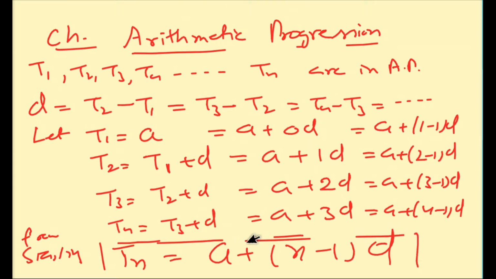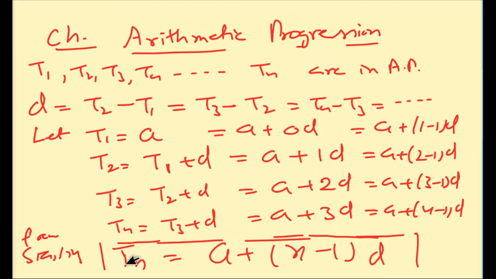If you want to find the Tn term from the start, this is the formula: A plus n minus 1 D. Now, A is the first term, D is the common difference, n is the number of the term, like 7th term, 5th term, 4th term, and Tn is the value of the term. We use the letter T for term.